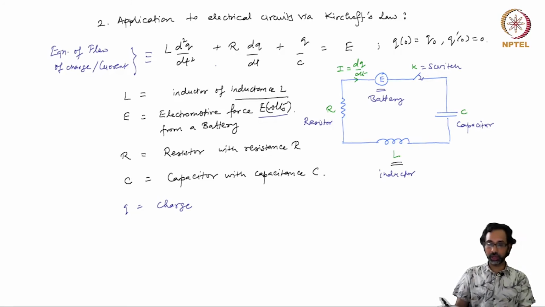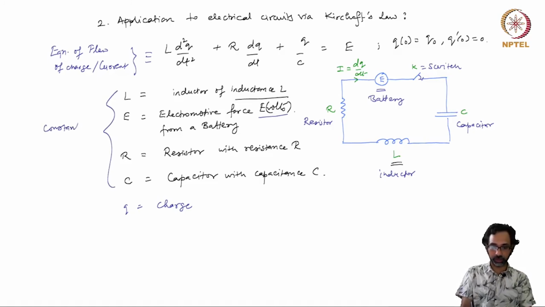Given these are all constants, L is an inductance, E is the electromotive force or E volts, R is the resistance, and C is the capacitance, and these are considered to be constants as far as solving the differential equation goes.